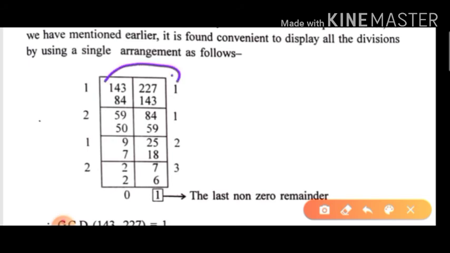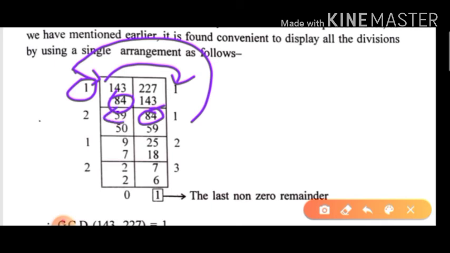So 143 one time is 143. Then you again divide this 143 by 84. One time is 84, so you get 59.